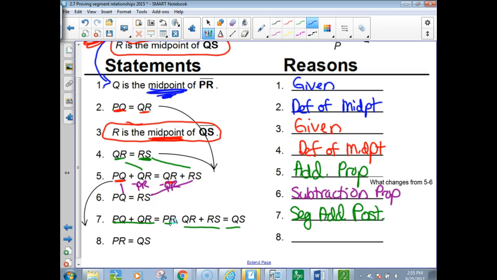So you're making a trade by saying, I already know PQ equals RS. Okay, I already know that, PQ plus QR equals PR, QR plus RS equals QS. So I can say these two are equal because these two are equal. So that is just making a trade, which is a substitution.